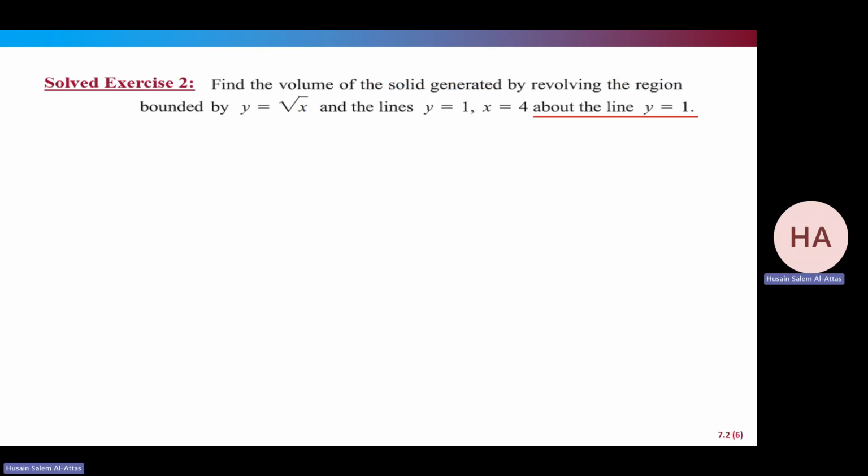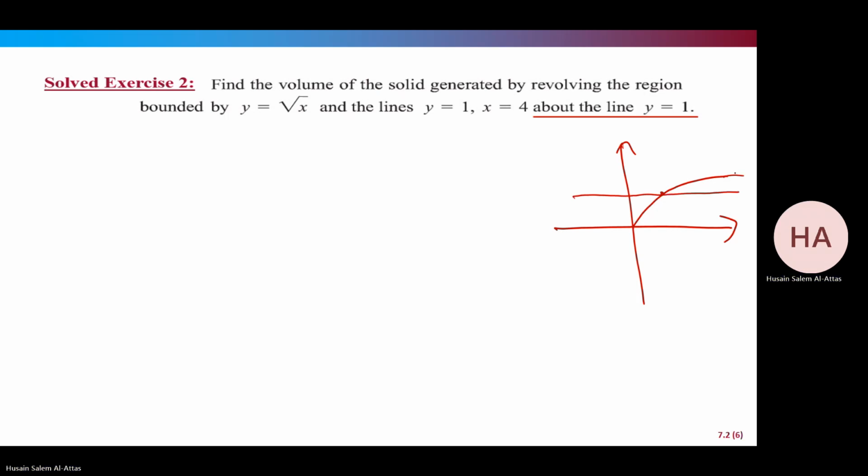Let's do another problem. Now I want to find the volume of the solid from revolving the region bounded by, first, I need to find the region: y equals square root of x, and the line y equal 1, which means x equal 1, somewhere here, and the line x equal 4.